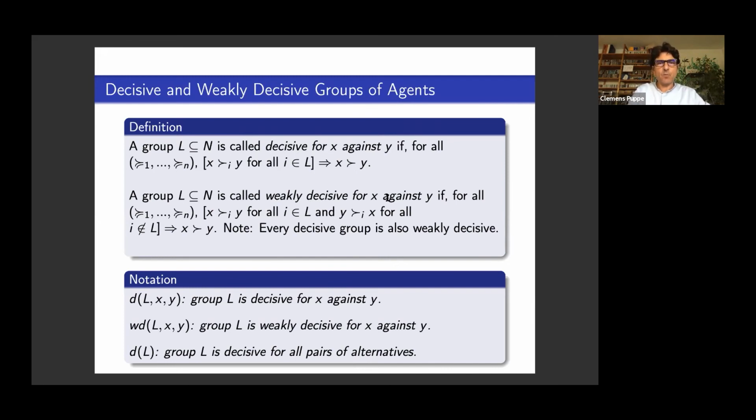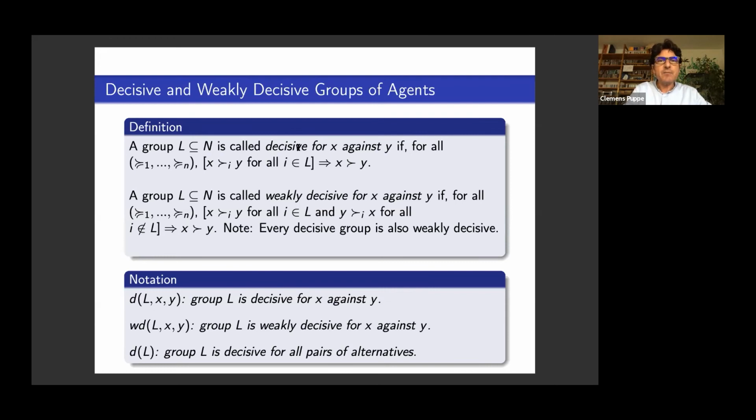X against Y if the following holds: if the members in the group prefer X to Y, and all others prefer Y to X, then the group will prefer X to Y. Notice that from pure logic, this is a weaker notion than the previous one. In other words, every decisive group is also weakly decisive. Why?